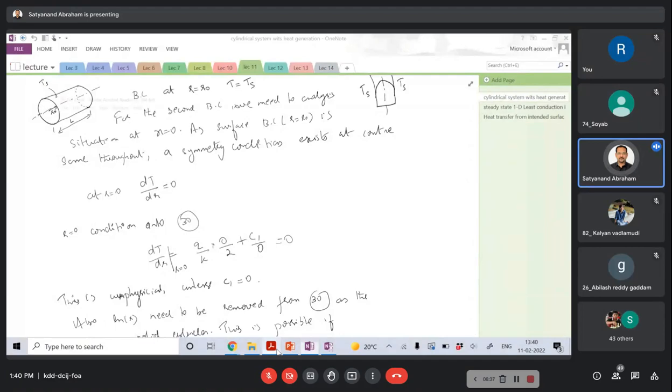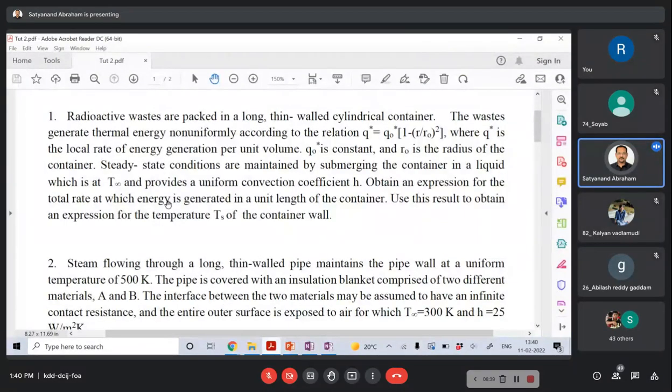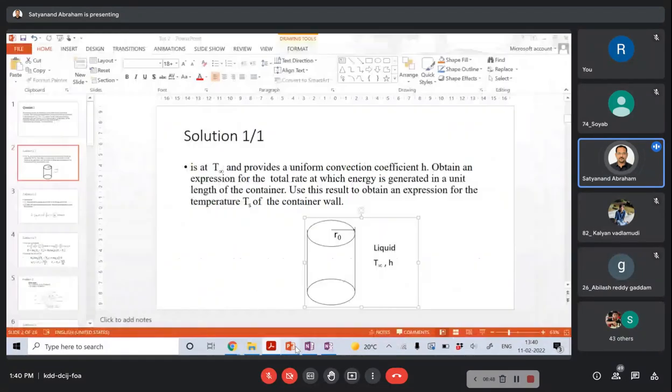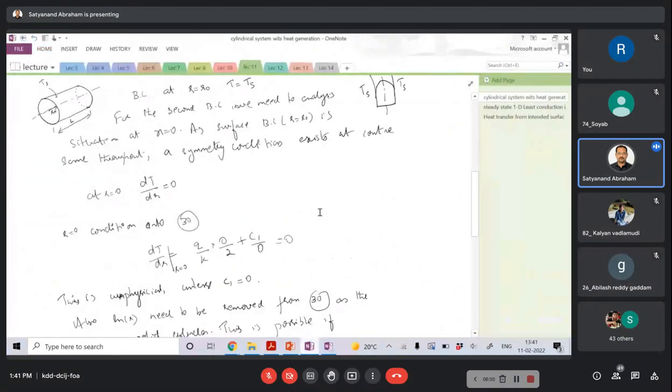Another question was: obtain an expression for the total heat rate at which energy is generated per unit length of the container. So one method is this: once we do this, you will get the full temperature profile within the system. And what is the total heat generated within the system?